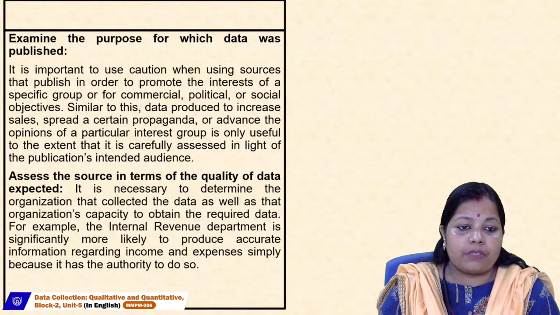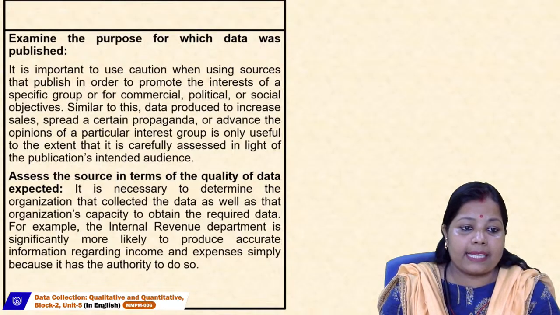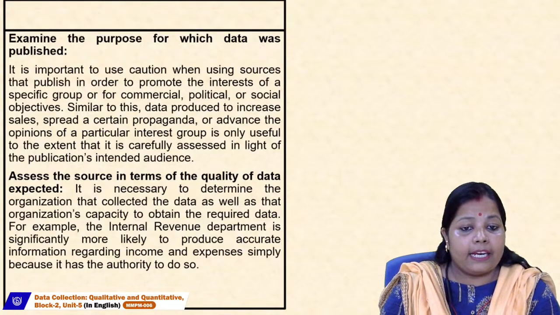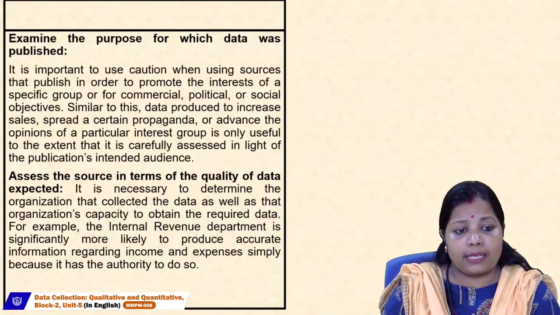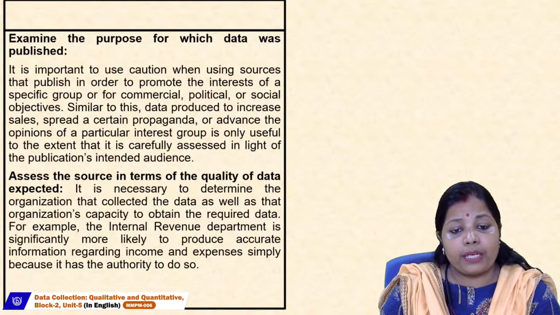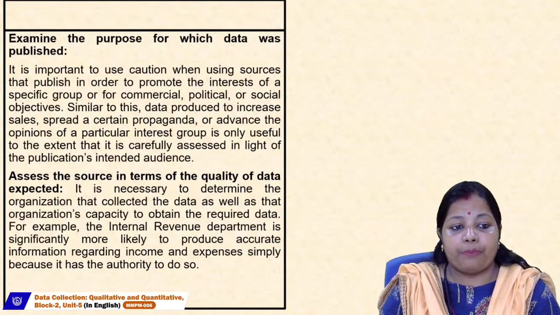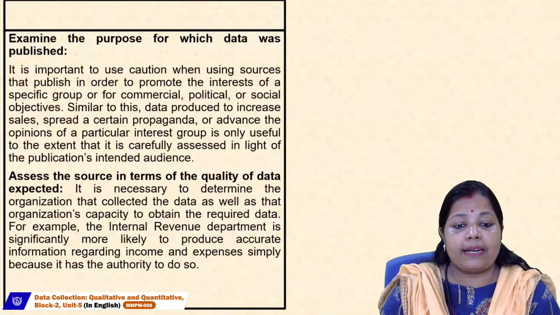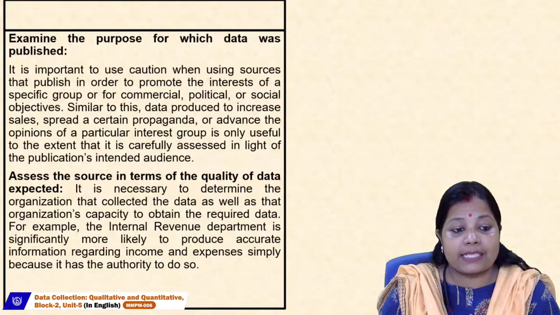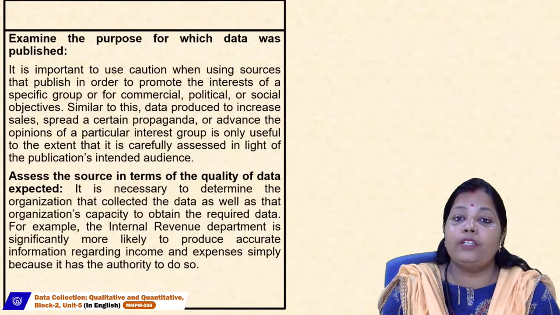And in assessing the source in terms of the quality of the data expected, it is necessary to determine the organization that collected the data as well as that organization's capacity to obtain the required data. Before accepting the data, we must think whether the capacity is sufficient to record the data. For example, the Internal Revenue Department is significantly more likely to produce accurate information regarding income and expenses simply because it has the authority to do so.